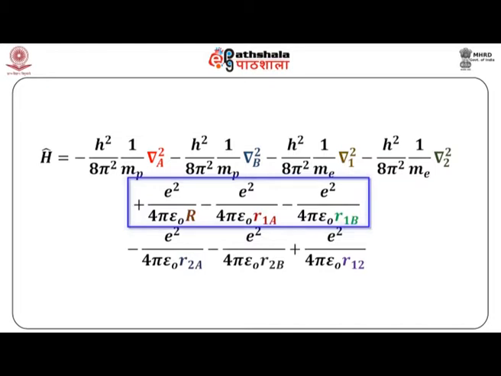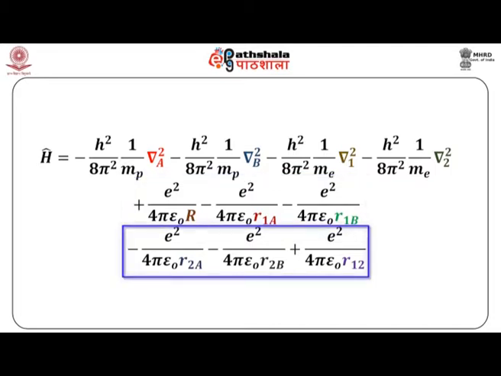And then another term, minus e square upon 4 pi epsilon 0 r1b, which represents the attraction between electron 1 and nucleus B. Similarly, for electron 2 we have one attraction term, minus e square upon 4 pi epsilon 0 r2a, and the other term for electron 2 would be minus e square upon 4 pi epsilon 0 r2b.